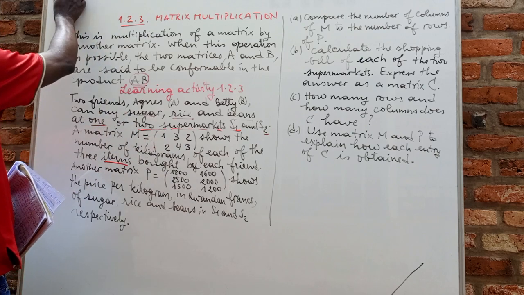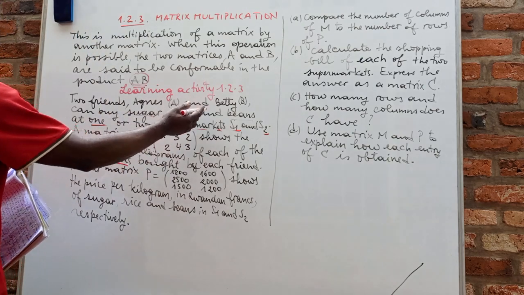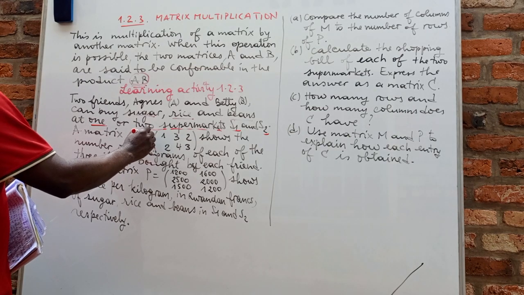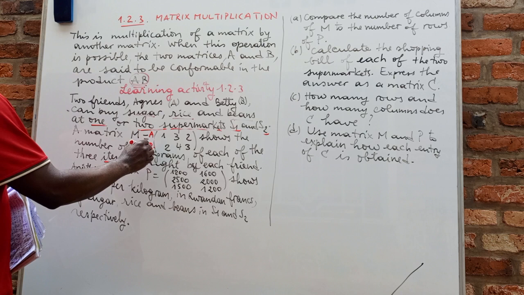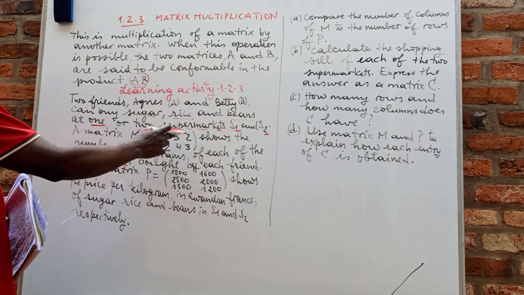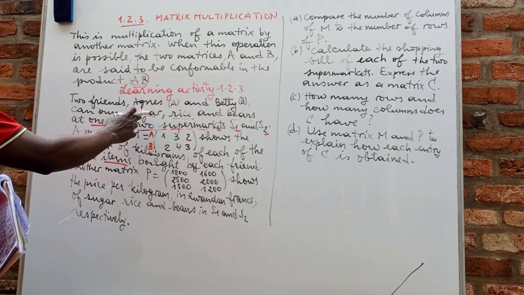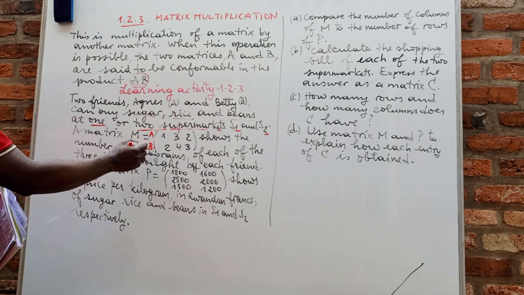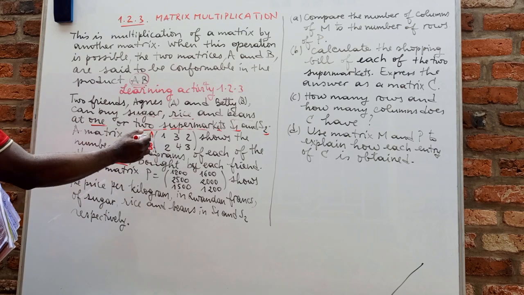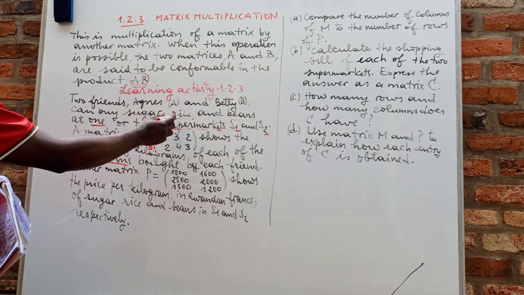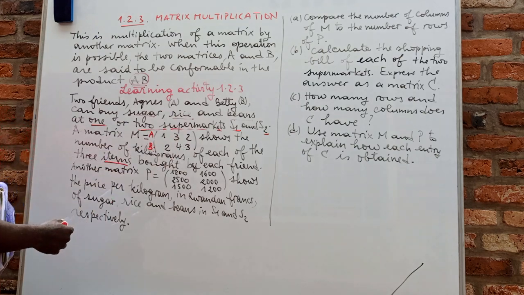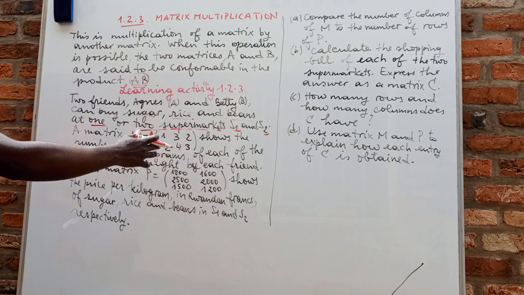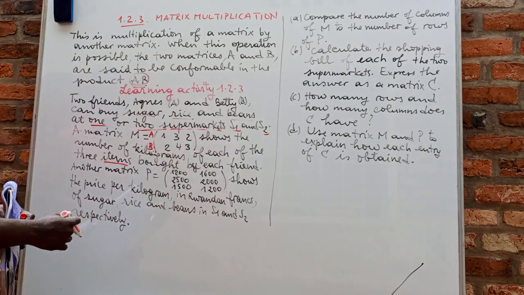Rather, it is the kilograms bought by Agnes here and Betty here. So Agnes bought 1 kilo of sugar, 3 kilos of rice, and 2 kilos of beans. Betty bought 2 kilos of sugar, 4 kilos of rice, and 3 kilos of beans at the two supermarkets, for example.